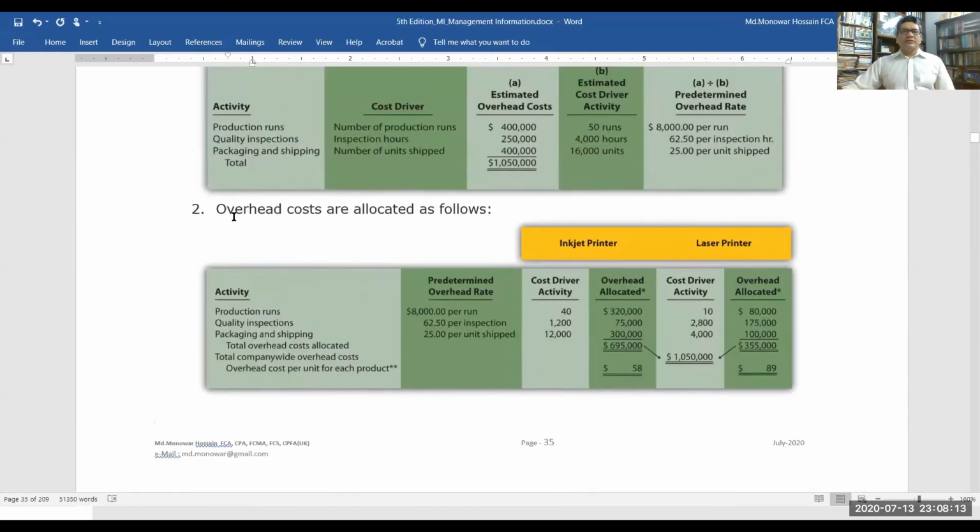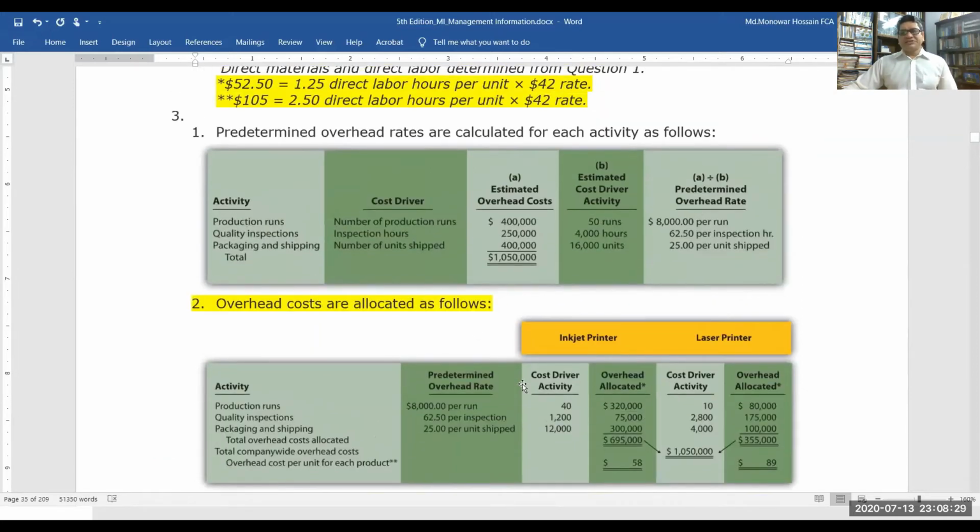Using the activity-based costing allocation method, allocate overhead to each product. So now, the overhead allocation for each product. Look here, there are 3 activities: production run, quality inspection, packaging and shipping, and the predetermined overhead rates are calculated here.